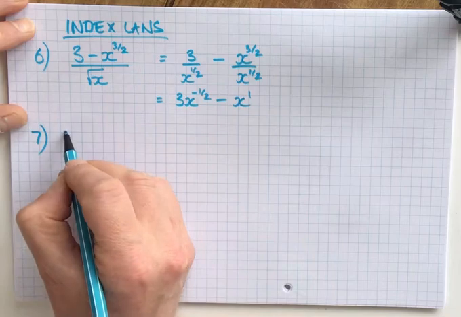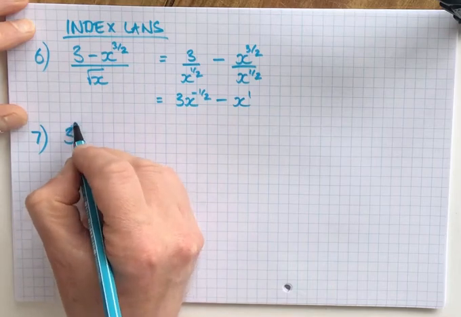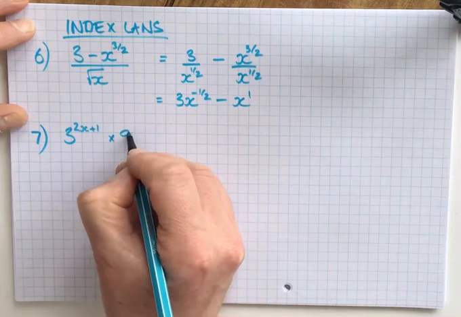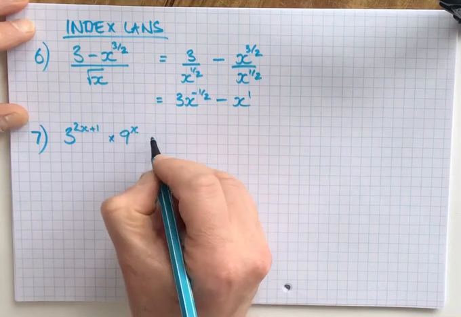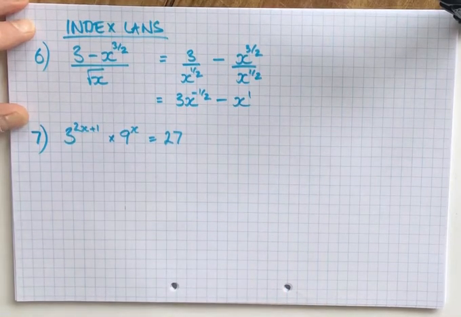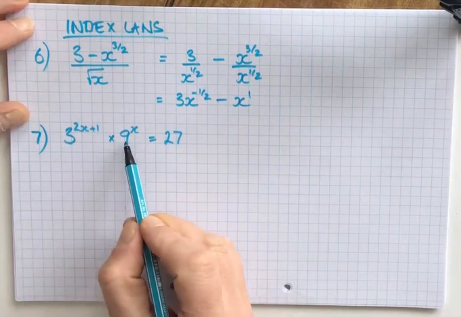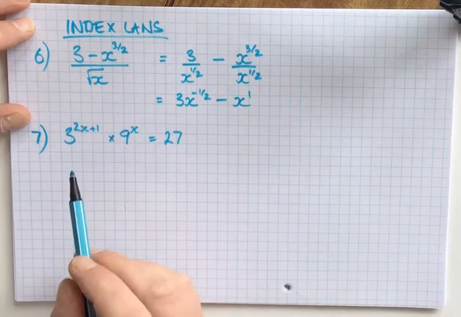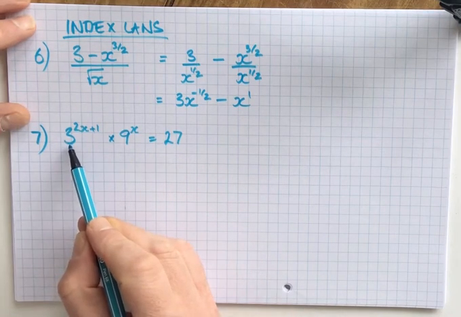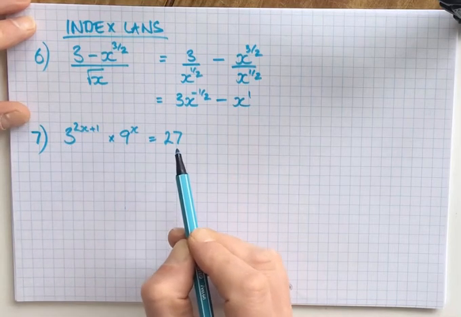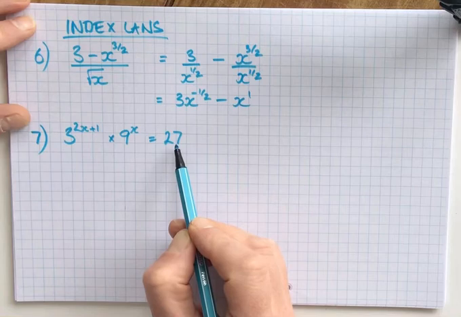Question 7, we need to solve 3 to the 2x plus 1 times 9 to the x equals 27. The initial problem with this one is that our base numbers are all different. But the canny ones among you will spot that this is a power of 3, obviously, 9 is a power of 3, and 27 is also a power of 3.